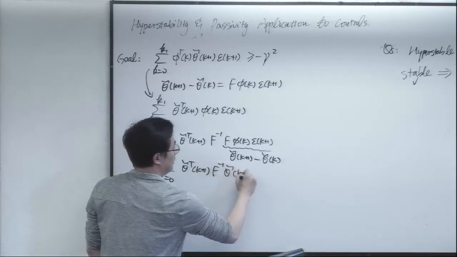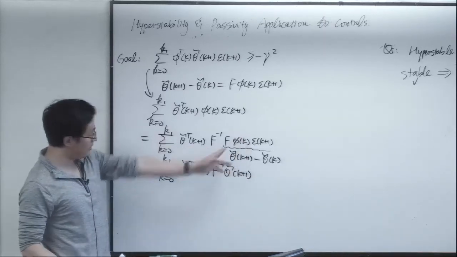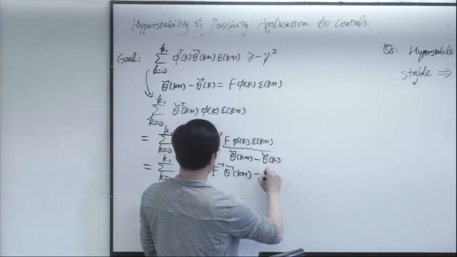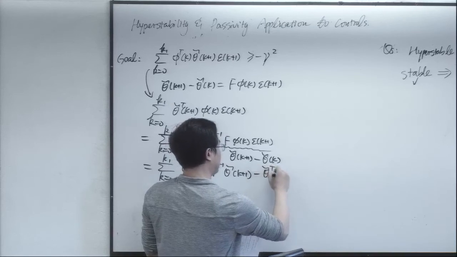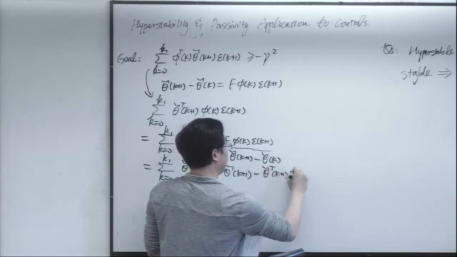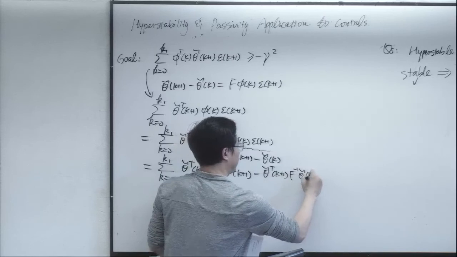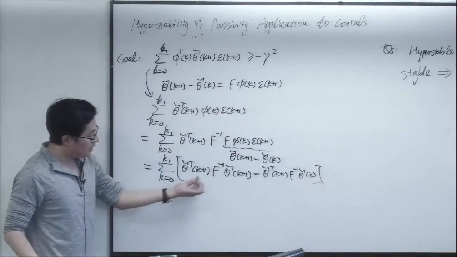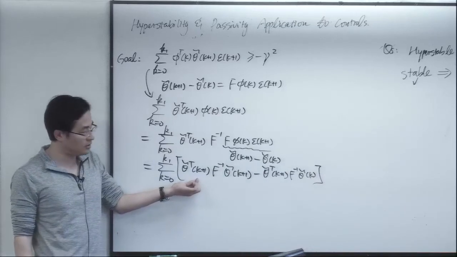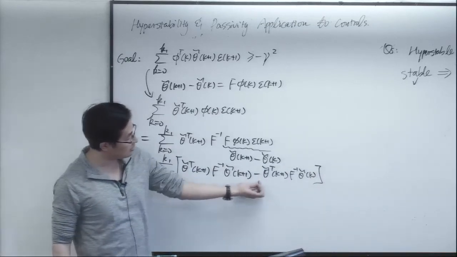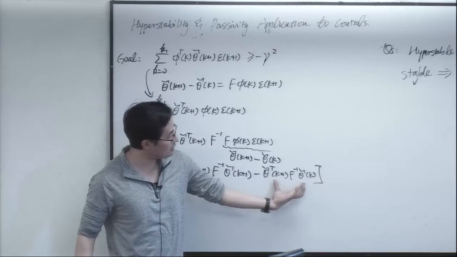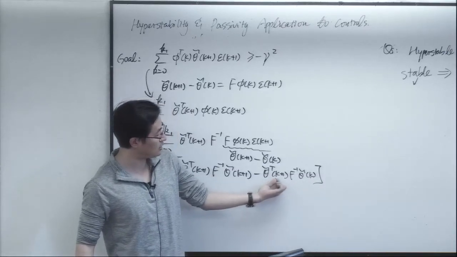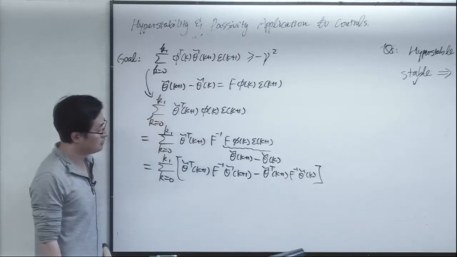So plug this inside, we are going to get a quadratic function about theta tilde k plus 1 minus something that is cross product between theta tilde k plus 1 and theta tilde k.